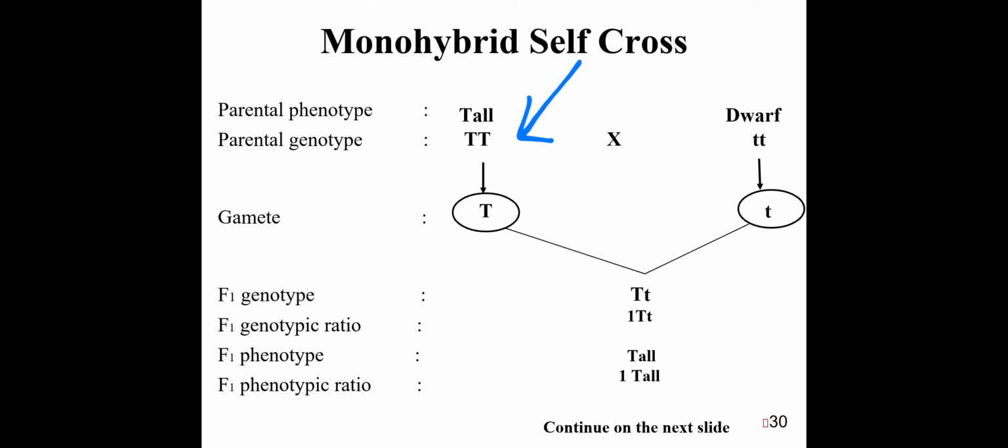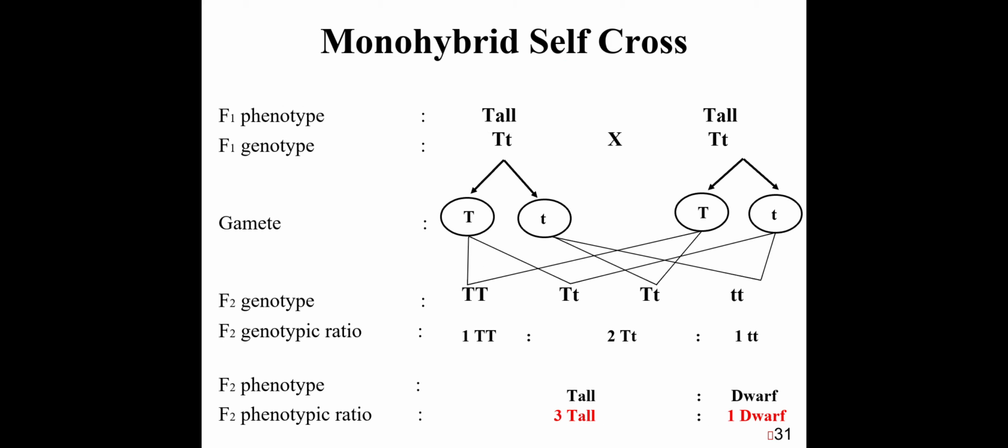So ini adalah parental genotype. Kemudian the F1 generation adalah ini, phenotype dan genotype, which is heterozygous dan phenotype dia adalah tall. Kemudian F1 itu akan di-cross dengan generasi yang sama, iaitu genotype yang sama. Jadi satu F1 ini tall dan heterozygous dan lagi satu pun tall dan heterozygous.